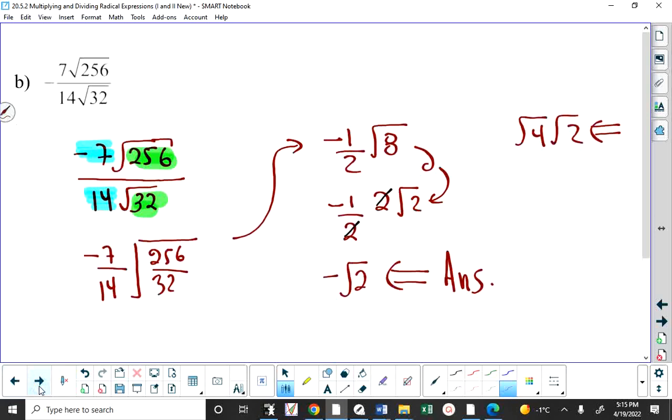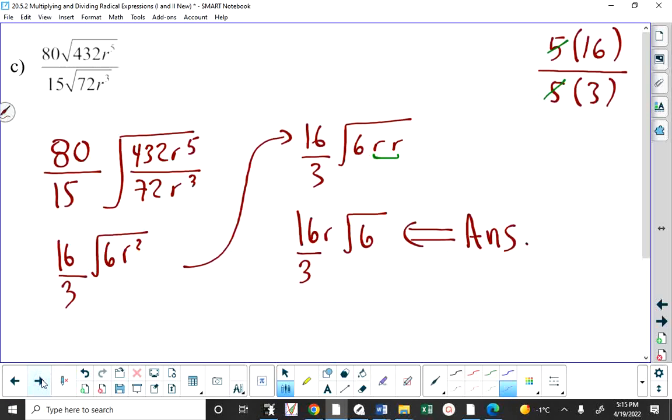And the original expression here in C has a square root of r to the 5. And what that means is that r must be greater than or equal to 0, because if r is negative, r to the 5 will be negative, and you are not allowed to take the square root of a negative.